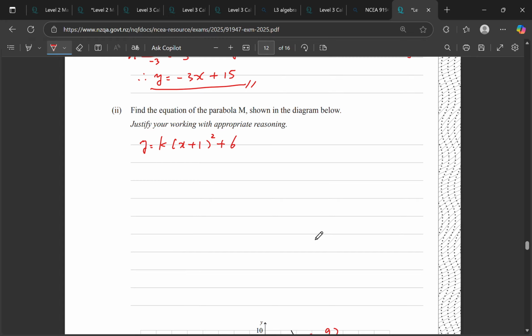So I plug 3 into x and 0 into y. It becomes 16k plus 6 equals 0. 16k is negative 6, hence k is negative 6 over 16, which is minus 3 over 8. So y equals minus 3 over 8 times (x plus 1) squared plus 6 should be the equation.